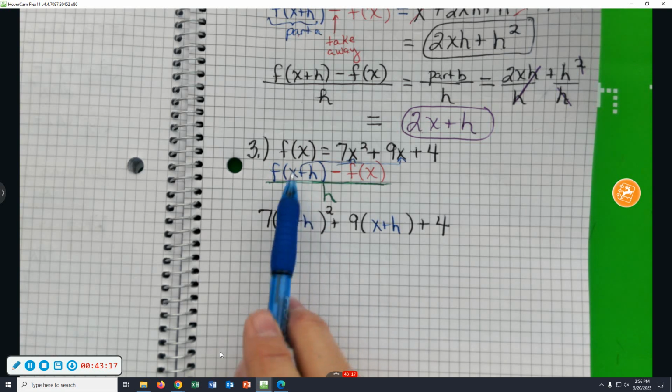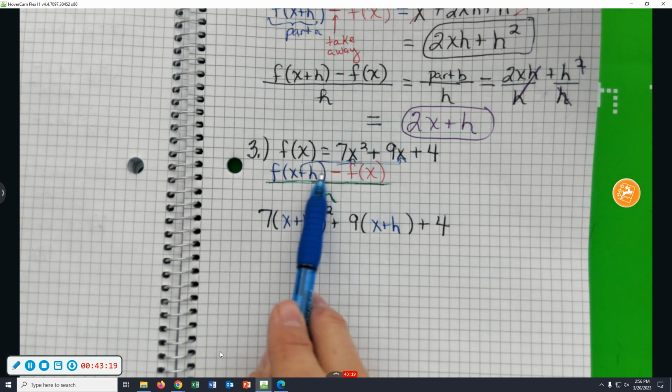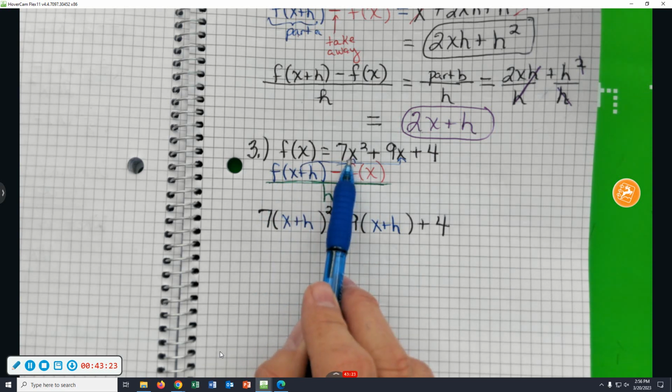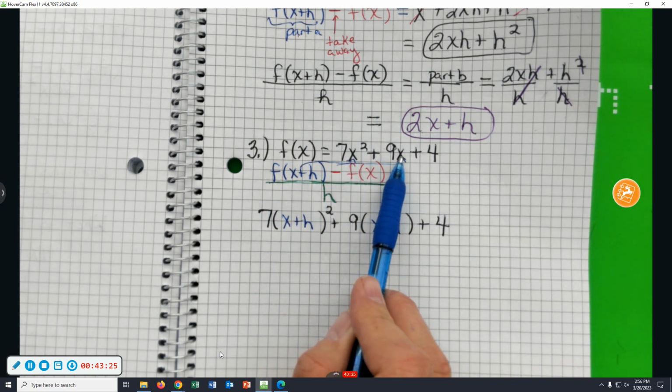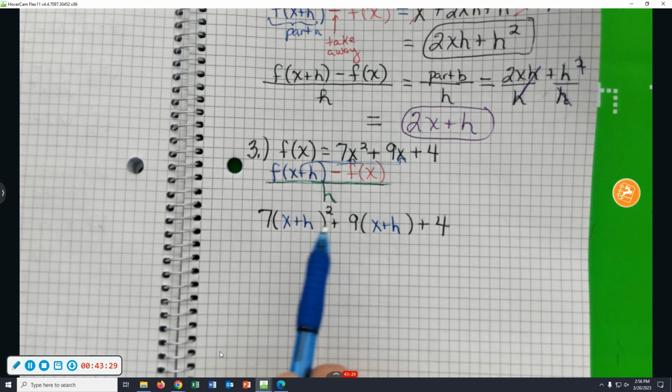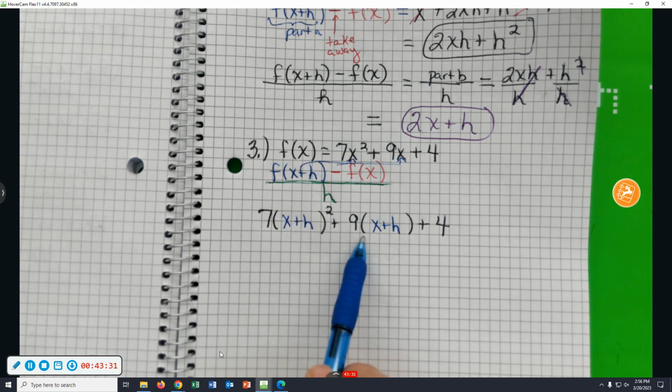See what I've done? To get started, I'm doing the f of x plus h. To find the f of x plus h, you replace these black x's with the x plus h.